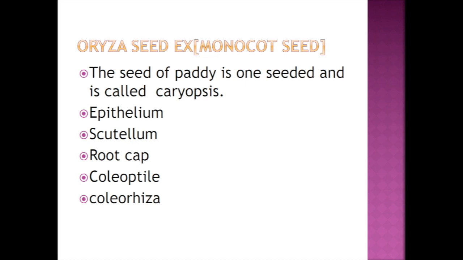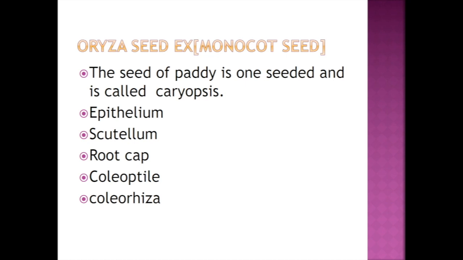Next, epithelium. The embryo's definite layer, what is that called? Epithelium. And the embryo is small and consists of one shield shaped cotyledon, scutellum, and a short axis with plumule and radicle protected by the root cap.